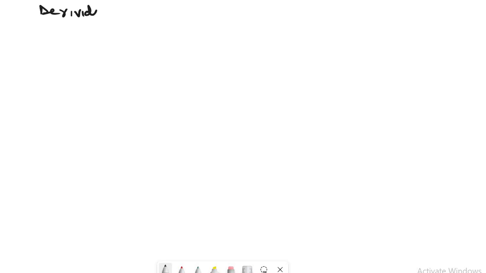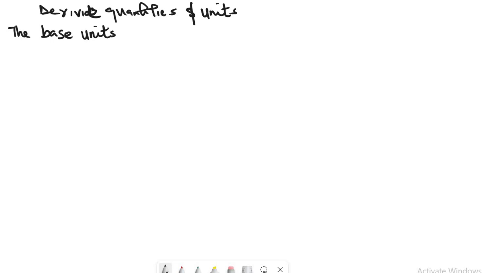Let's see derived quantities and unit. Now, how can we define derived unit? Okay, the base units are used to derive. Let me give a short note like this and put it down. When I talk about the base unit, I mean SI unit or fundamental unit.